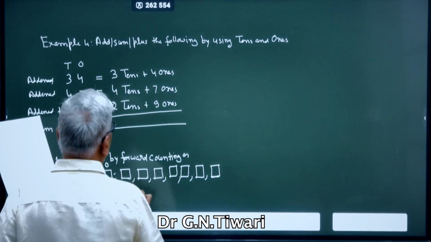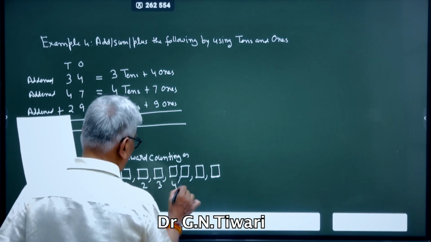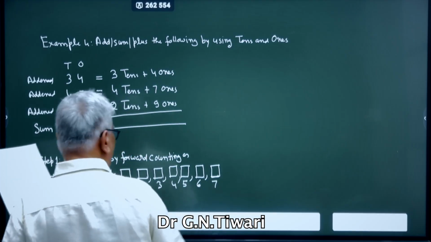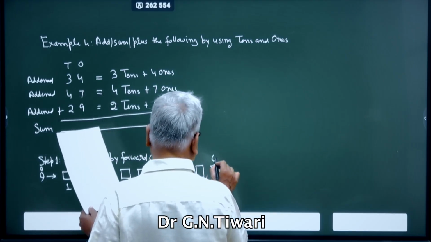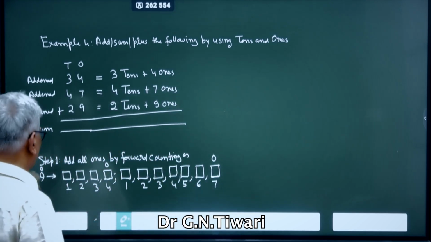Then 1, 2, 3, 4, 5, 6, 7. So finally here I also write the 7, because below 7, once 7, once 4, 9.